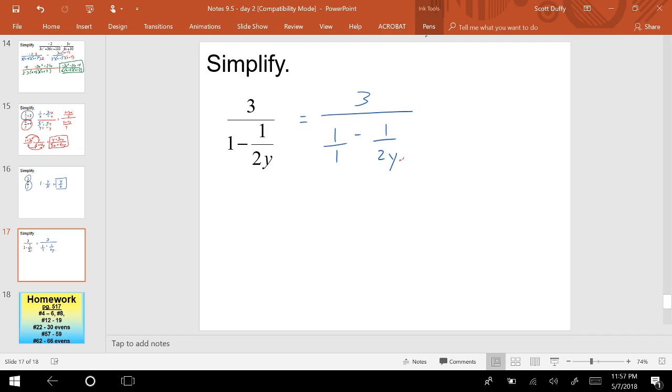Well, a 1 doesn't really count, doesn't do anything. So you look at this one and you say, what does this denominator have that the denominator on the left doesn't? It has a 2y. So I'm going to multiply both the top and the bottom by 2y. Still have the 3 on top, but the bottom fraction is going to have a denominator of 2y. 1 times 2y is 2y minus 1.